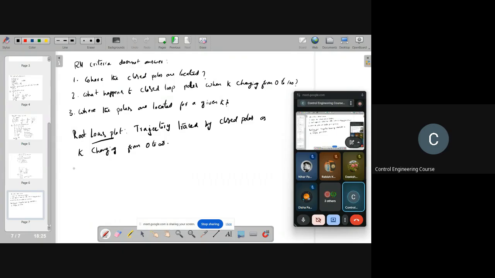So first thing is rule one. Root locus is symmetric about the real axis, and the number of branches is equal to the order of the characteristic polynomial.